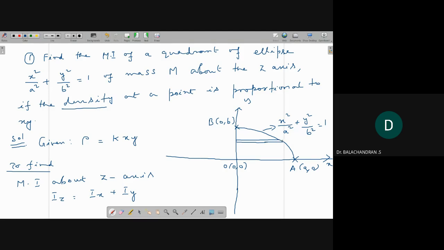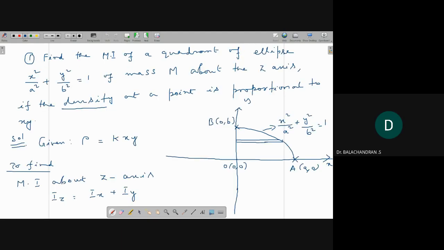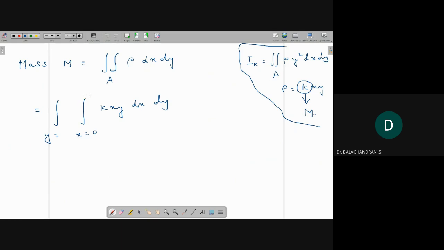Find out the value of x here. x equal to root of 1 minus y square by a square. Here, x is equal to a by b root over b square minus y square.